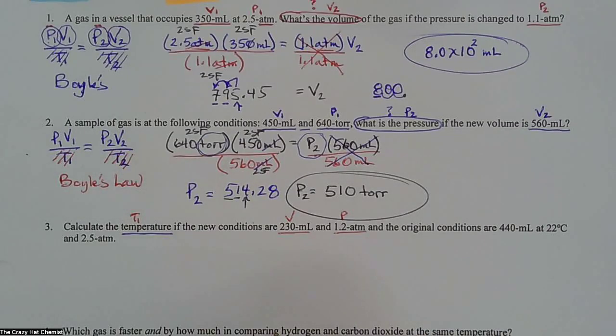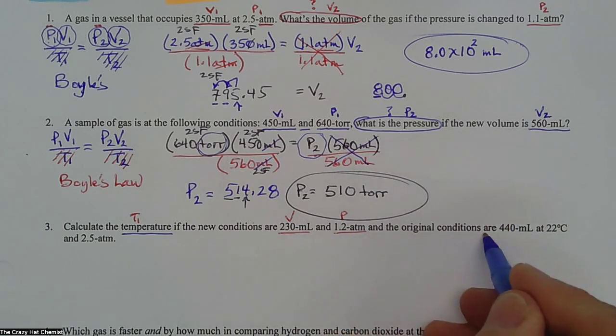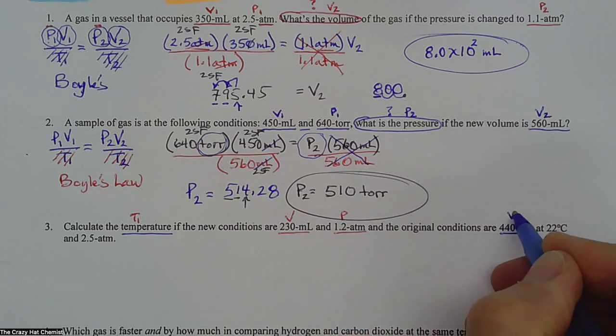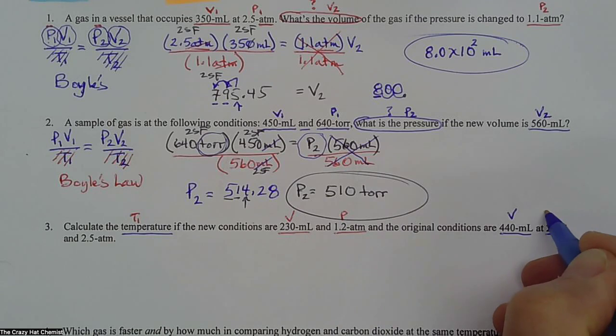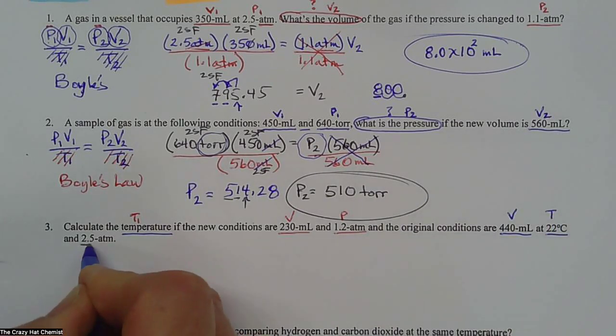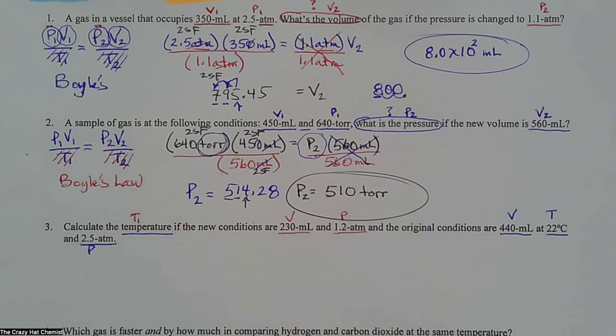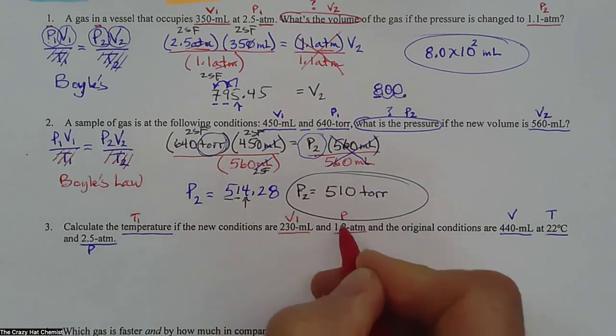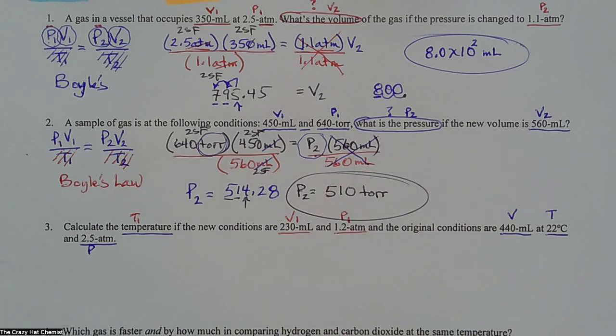And the original conditions are 450 mils, that's a volume, 22 degrees Celsius, that's a temperature, and 2.5 atmospheres, that's a pressure. So this is temperature 1, volume 1, pressure 1, and this is volume 2, temperature 2, pressure 2.